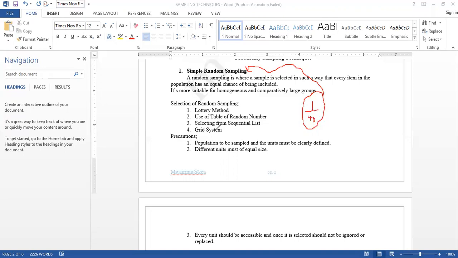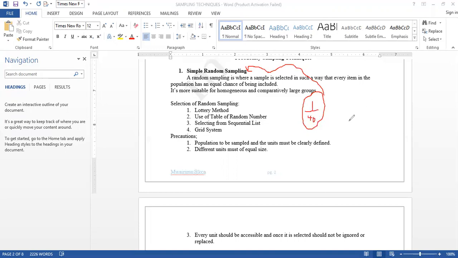Because you're not favoring any ticket in the basket, every ticket would have a chance of one out of how many there were in the basket to be selected. That is a good example of what we call a simple random sampling method.